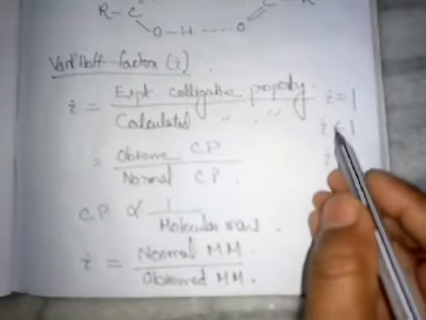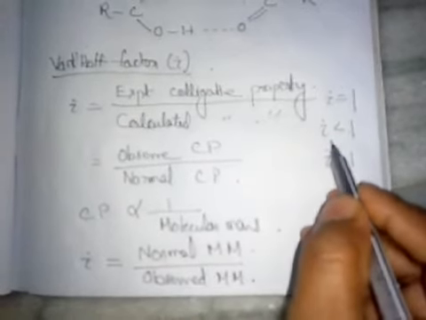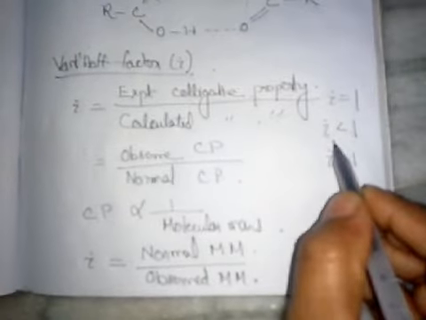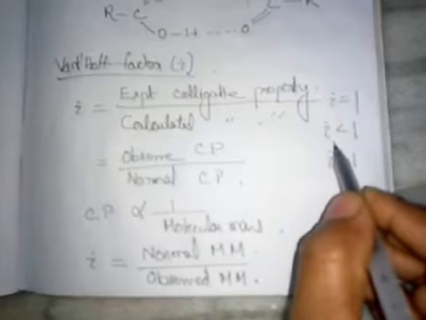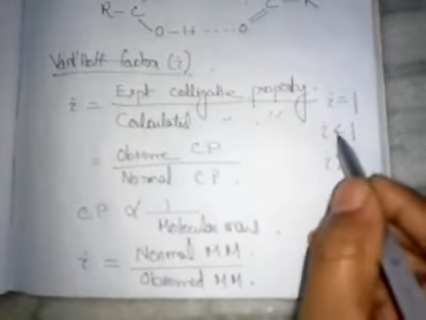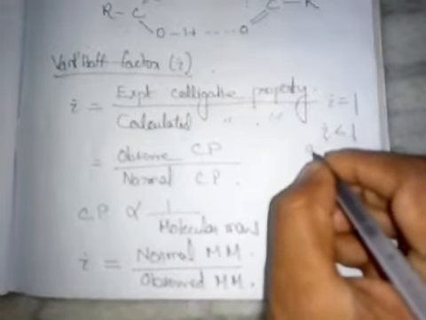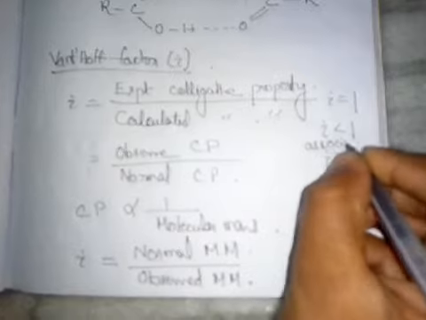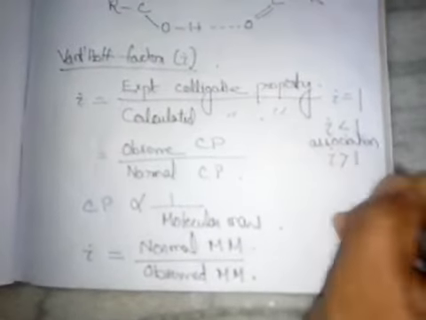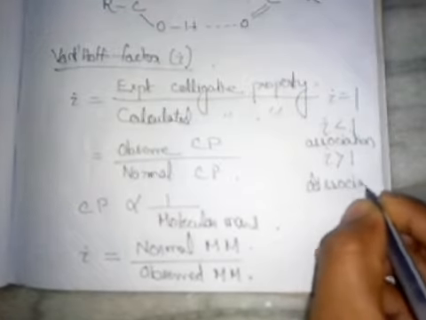Now, here observed colligative property is less than the calculated value of colligative property. i is less than 1, and this takes place whenever it is association, and i greater than 1 is for dissociation.